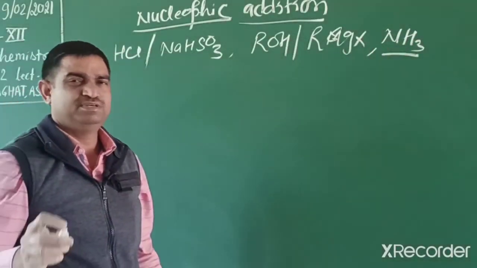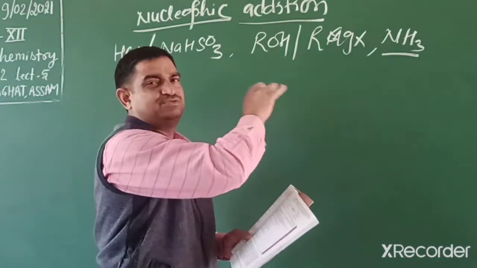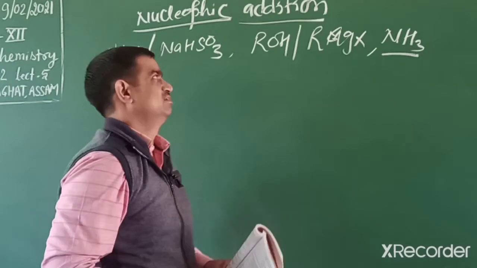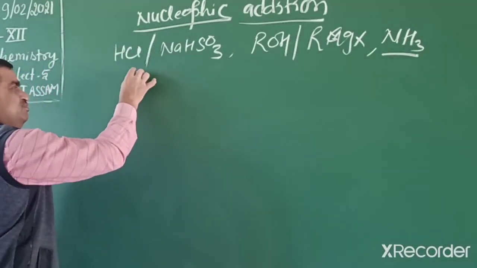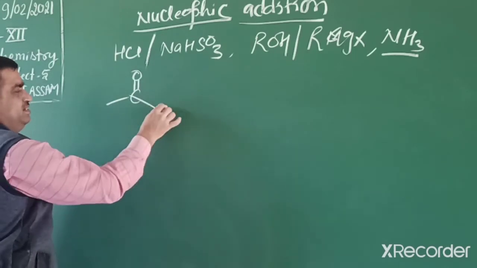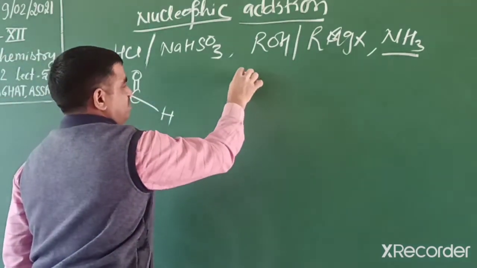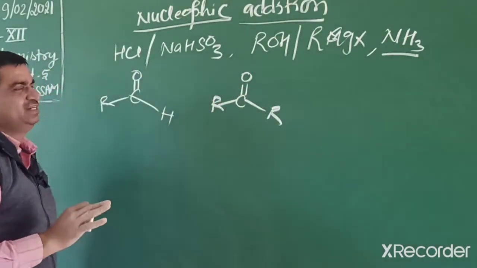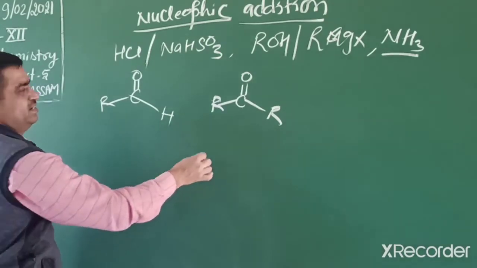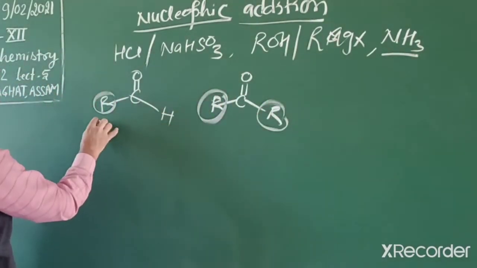So students, in any numerical, first you identify what the question is asking. Nucleophilic addition means a nucleophile attacks the carbonyl group. All these reactions we already discussed, for either an aldehyde or a ketone. So the nucleophile attacks, and it depends on steric hindrance, the bulky group, and the other one is the plus I effect also.